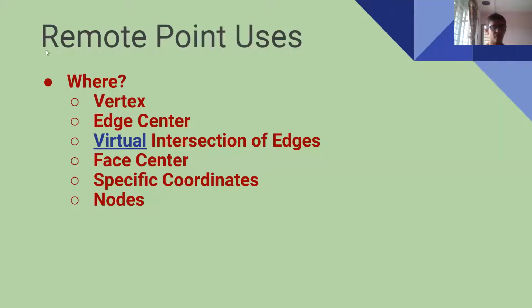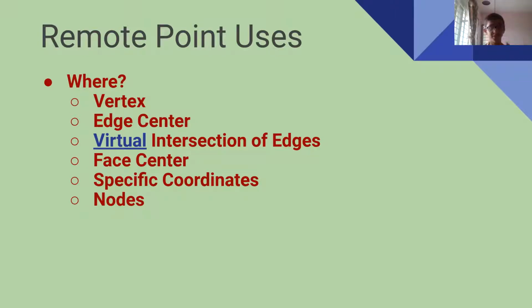First we'll look at some remote point uses and where we can apply remote points. We can include remote points on a vertex. We can include them on edge centers, or on the virtual intersection of edges, or some intersection of edges. If there are multiple edges, or two edges, which are intersecting like this, then there can be a remote point when we select the two intersecting edges.